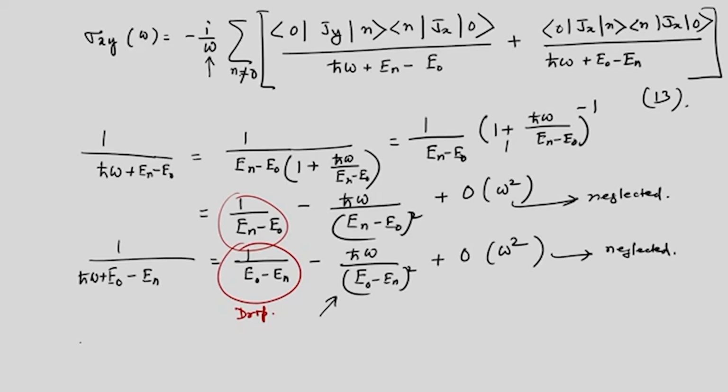So, once you do this, your σ_xy becomes equal to, now I do not need actually the ω, it gets cancelled.